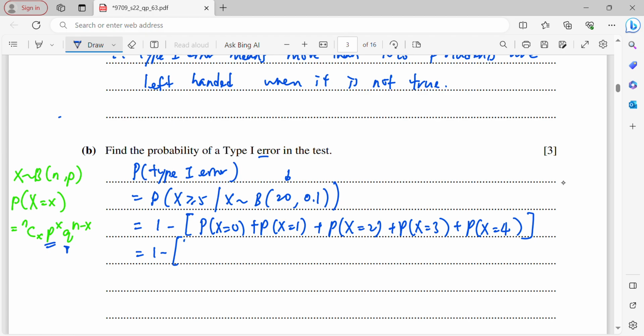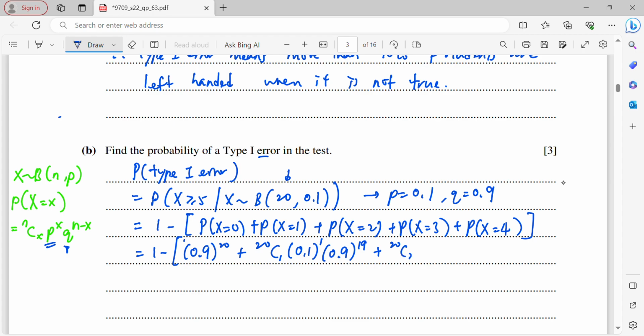I will just write, okay, so from here, my p is 0.1, my q is going to be 0.9. Q is 1 minus p. So all failures, 0.9 to the power of 20. Then plus 20C1, 1 success, then 19 failures.